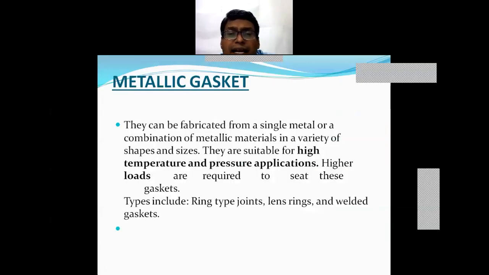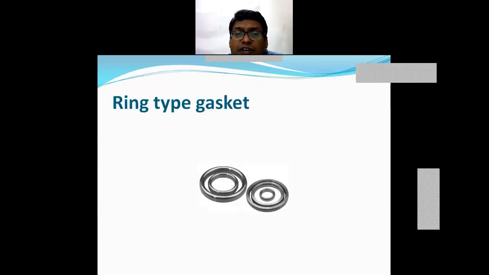Then there is a metallic gasket that is also available. They can be fabricated from a single metal or a combination of metal materials in a variety of shapes and sizes, and these are generally used for higher temperature and pressure applications. Higher loads also can be accepted if I increase the thickness. The ring type gasket, lens ring, and the welded gaskets are the different common types. The ring type gaskets can be of metal as well as rubber.